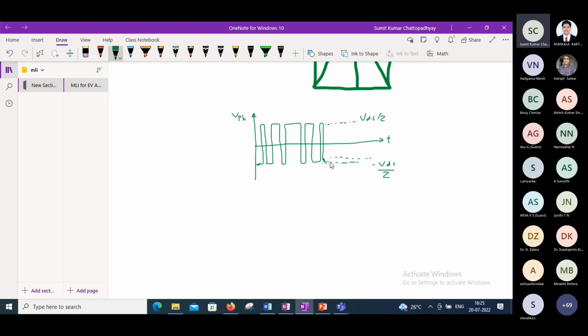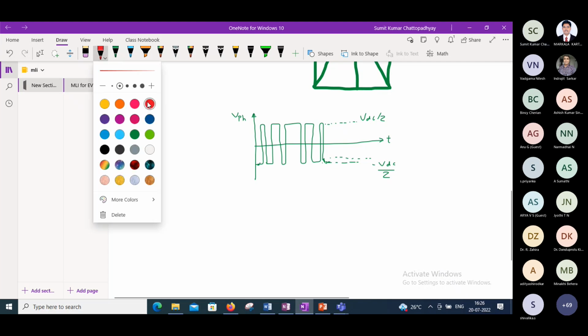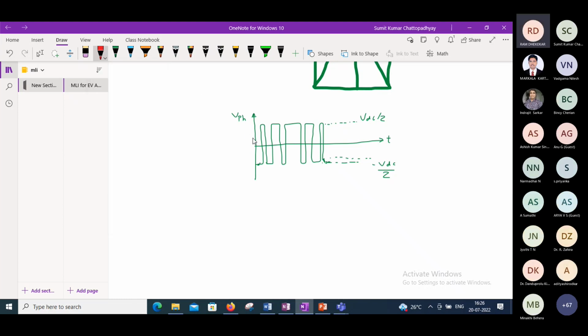What will be the RMS value of this waveform? This waveform is always varying between plus VDC by 2 and minus VDC by 2. What will be the RMS value of the waveform? Yes, anyone? RMS value of the waveform will be how much?